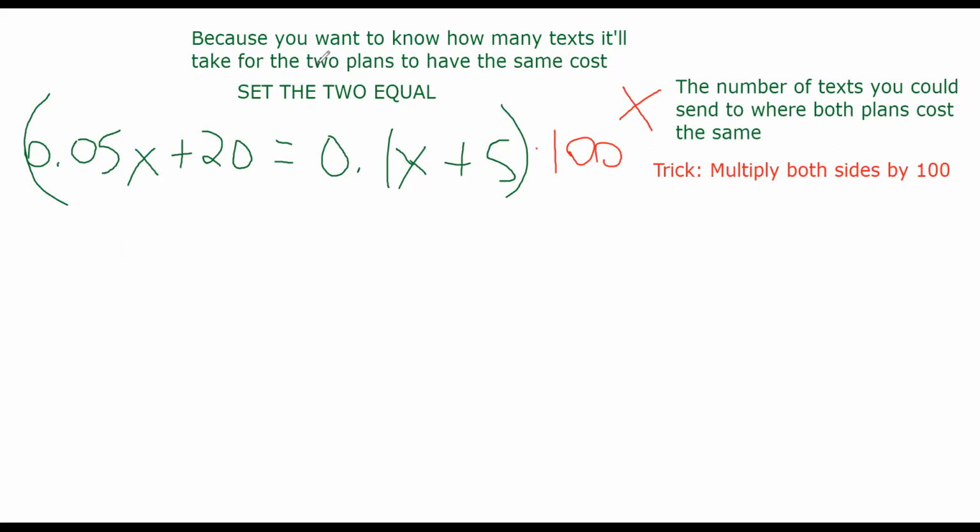Now, a little bit later on in this course, we're going to be able to deal with decimal numbers and adding them and subtracting them. But for now, let's not do it. So that means I move this decimal point over twice, and it just becomes 5x. The 20 actually becomes 2,000 because it got multiplied by 100.